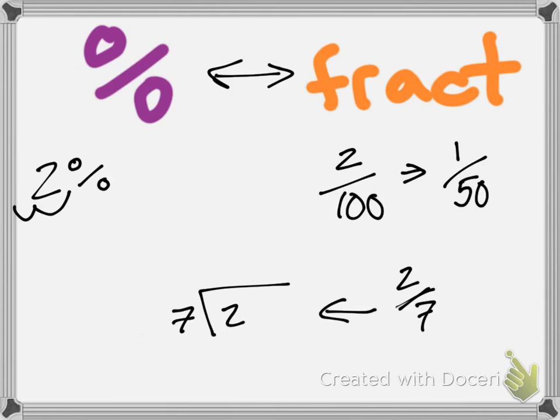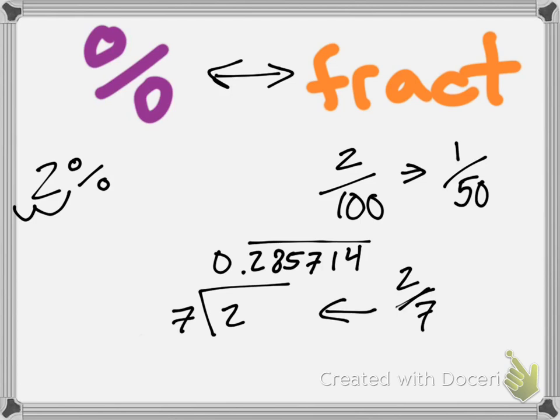2 divided by 7 gives me 0.2857142, and then it starts repeating. Oh, I accidentally hit that. Ignore that. There we go.